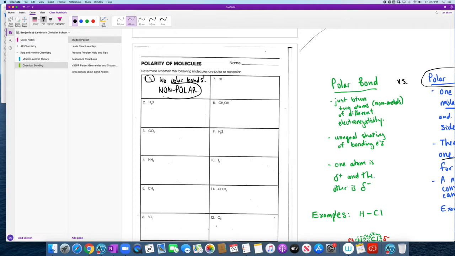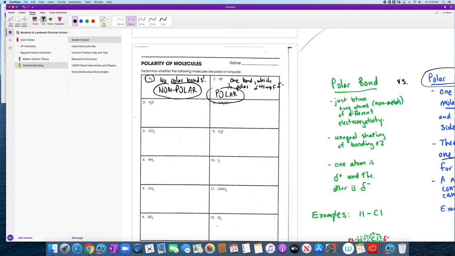In contrast, the HF molecule has one bond total, and that one bond is polar, right? There's a dipole moment pointing towards the more electronegative fluorine atom, partial negative here, partial positive here, so you have a polar molecule.